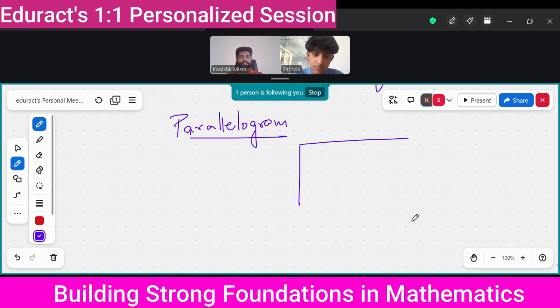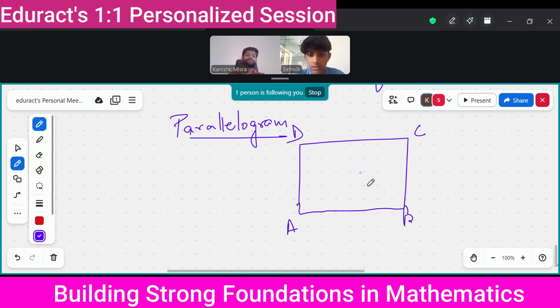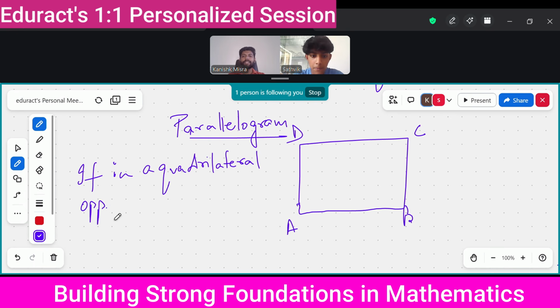Let's do that first. ABCD. If in a quadrilateral, opposite sides are parallel and equal, that is called a parallelogram.